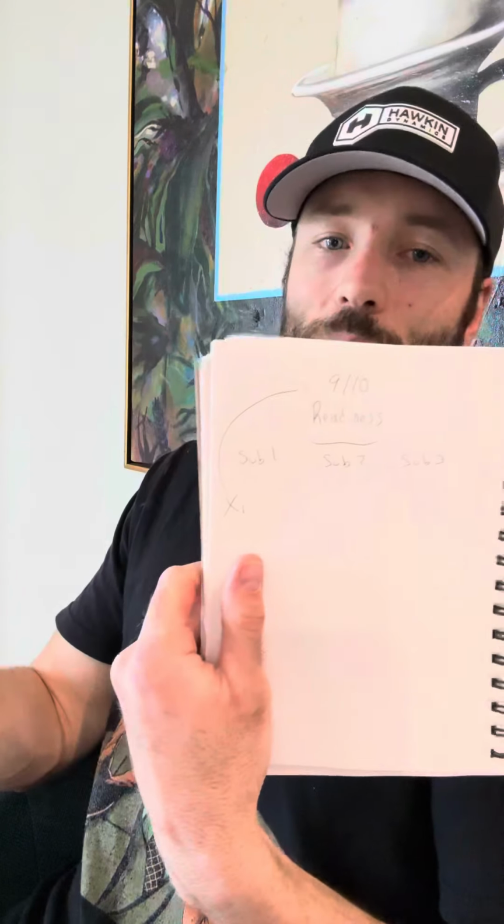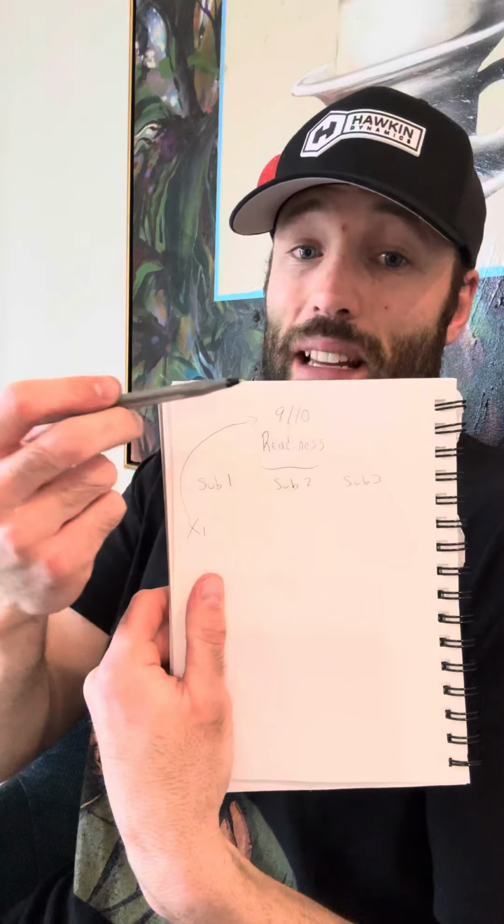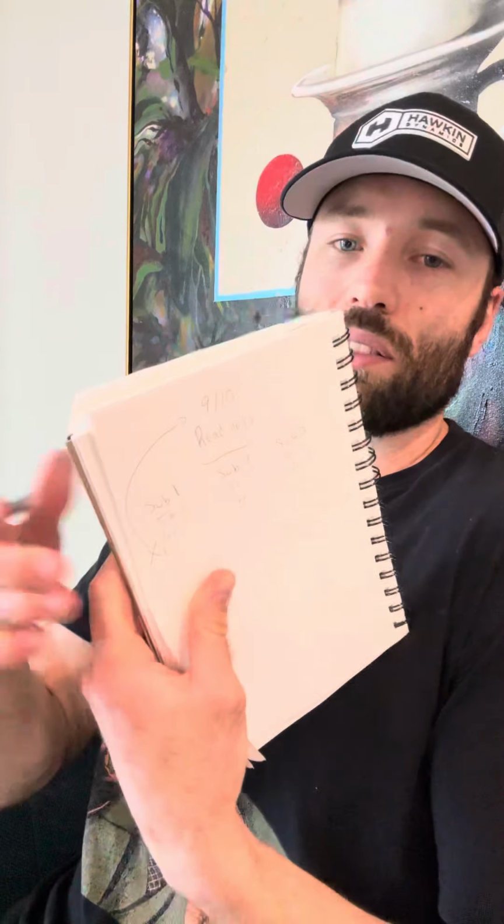So let's say I have a stressor imposed upon my body. This stressor, we'll call it X1, is applied to me, and I want to be able to maintain my 9 out of 10 readiness. Well, all these subsystems before were just operating at 50%. Let's pretend now they all have to operate at 100% because we had a stressor.